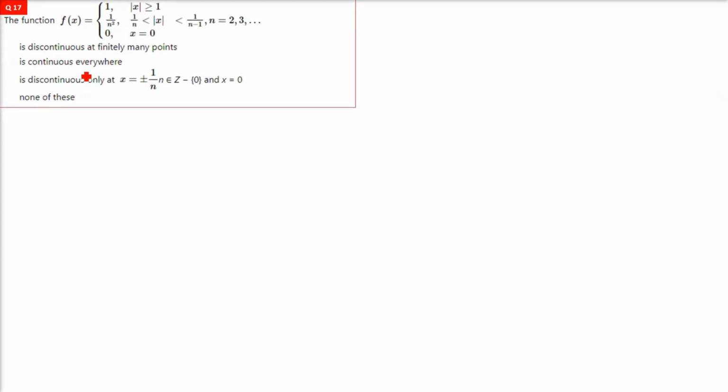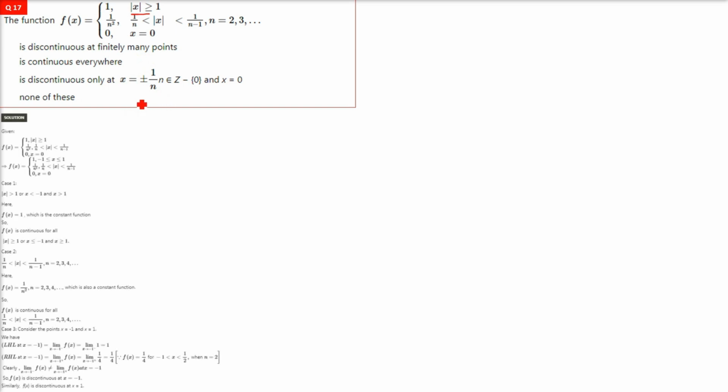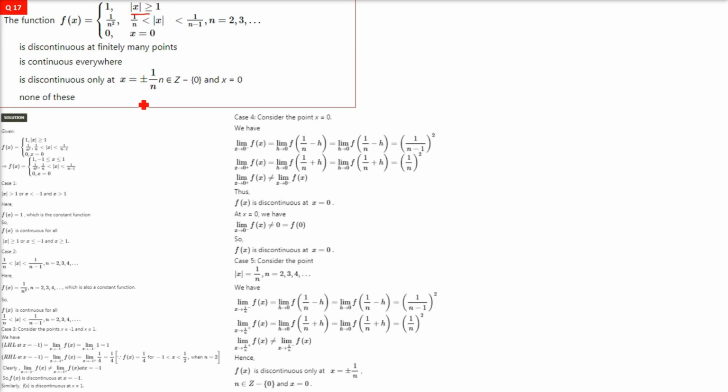Now question number 17. Since the modulus is not in the value of the function, but in the boundaries of the function, or the domain, or you can say on the limitation of the various boundaries or aspects, I'll just take this question later in the end, because this needs some effort.